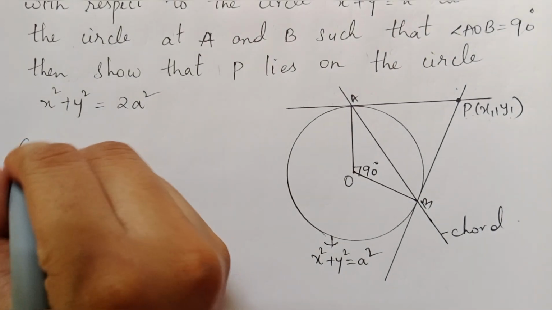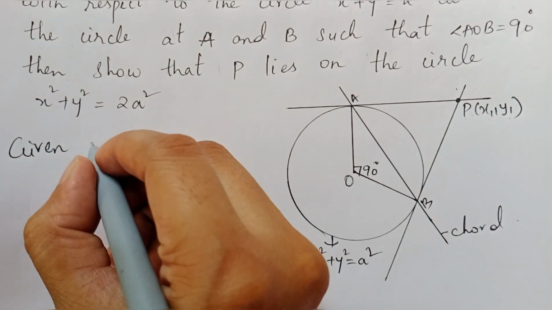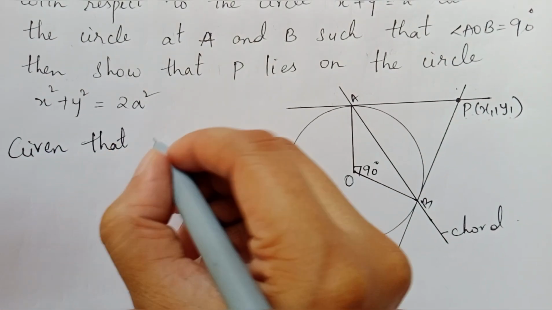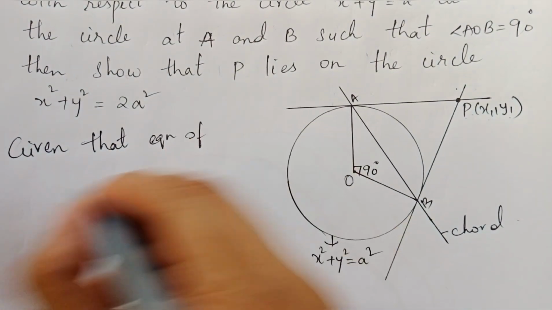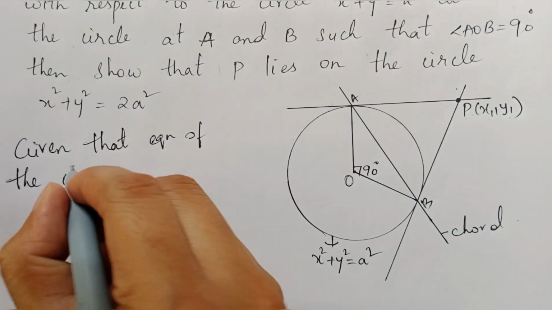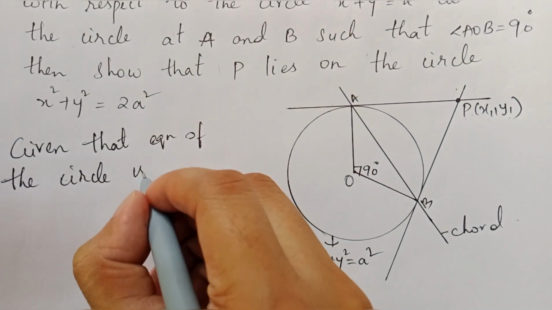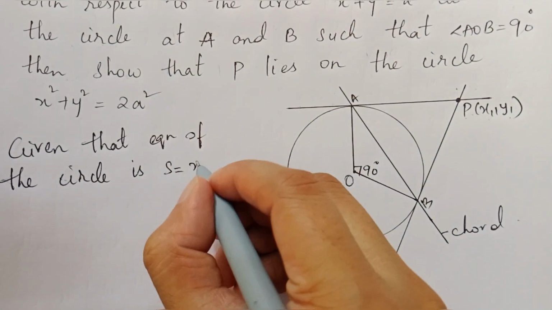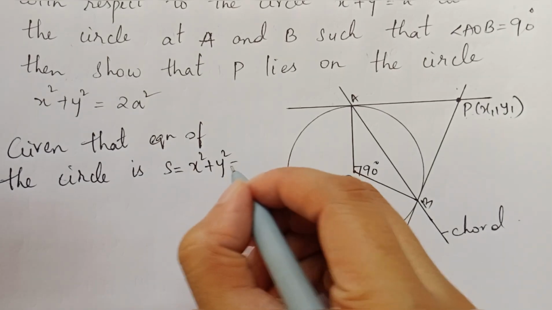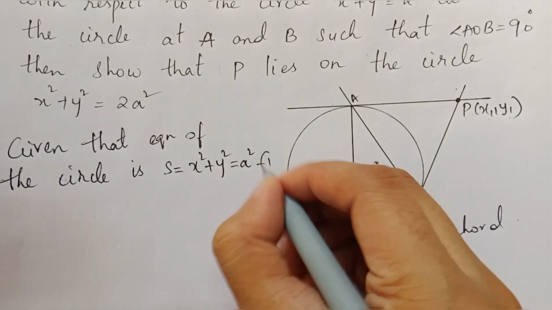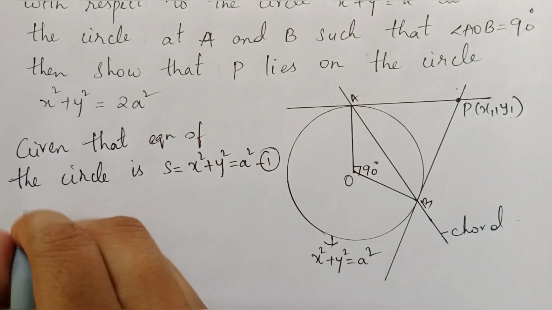Okay, so the given equation of the circle is S equals x square plus y square equals a square, as equation 1.